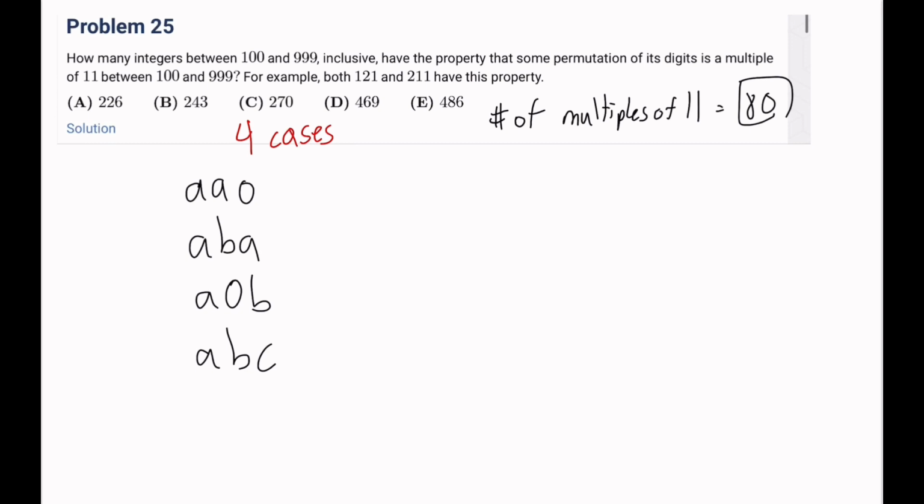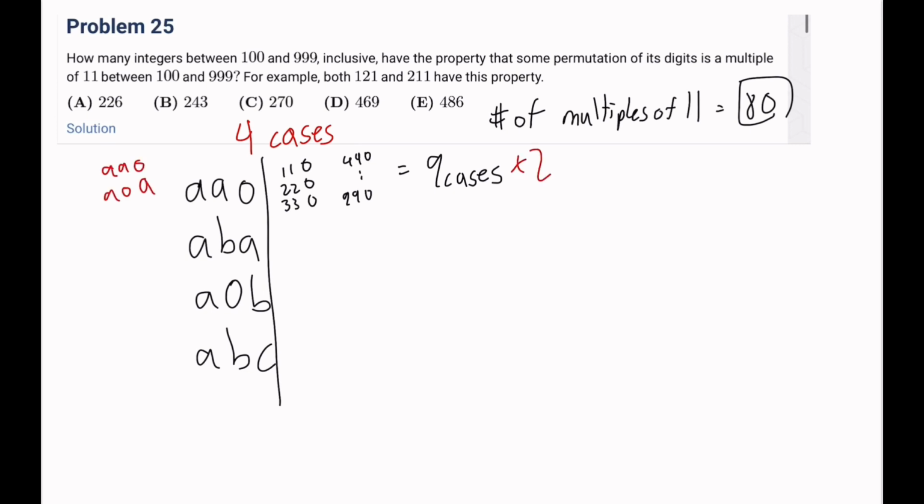And so first, let's take care of the AA0 cases. For this one, we have 110, 220, 330, 440, and all the way to 990, right? These are 9 cases. And since AA0 can only be manipulated to be AA0 or A0A, this is times 2, so this will be 18.